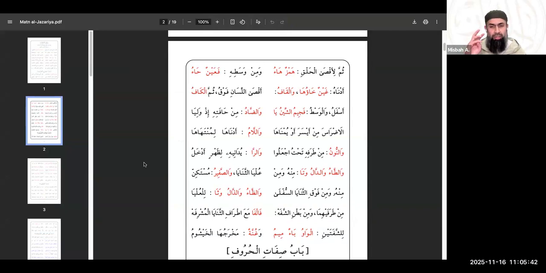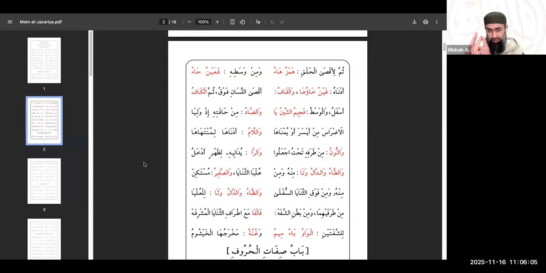So the makharij are, if we start counting, the jaw, the halq, the lisan, the shafatan, and khayshum, major areas. And then you have three in the throat, aqsa al-halq, wasat al-halq, and adna al-halq. Okay, three.